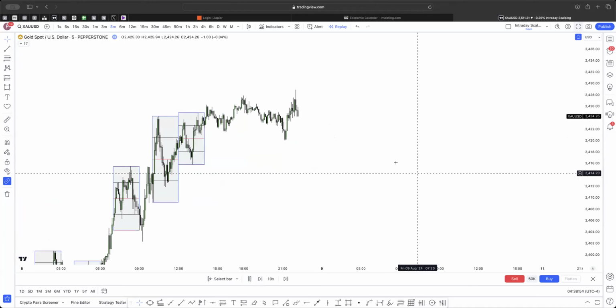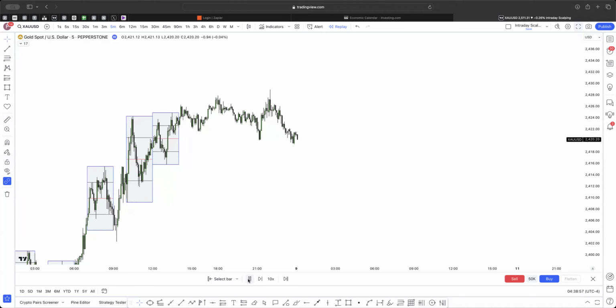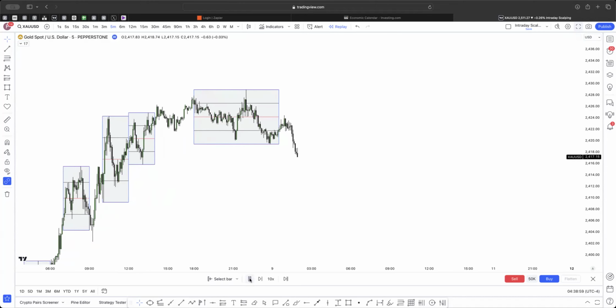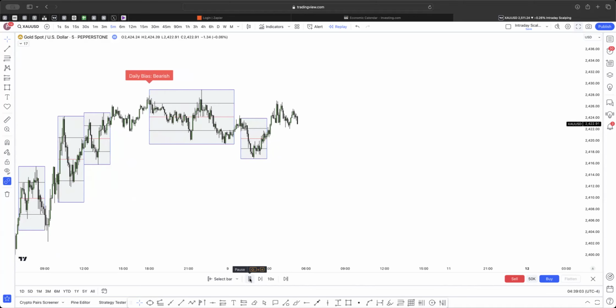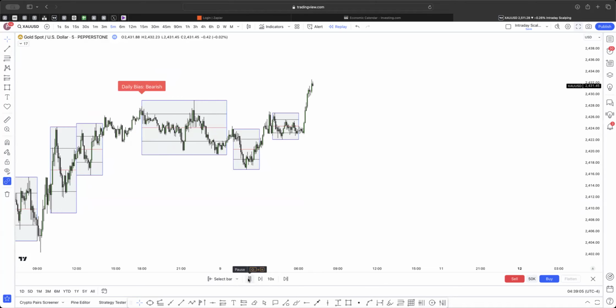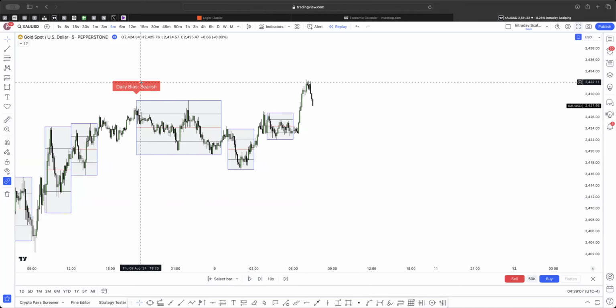I've always been telling you guys this every single time. All right, so let's take a look at this. Daily bias bearish. Let's see if we had a high impact news driver on Friday, 9th of August. Let's take a look.